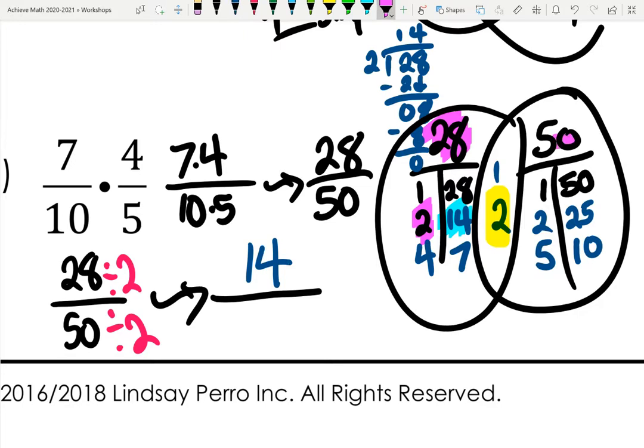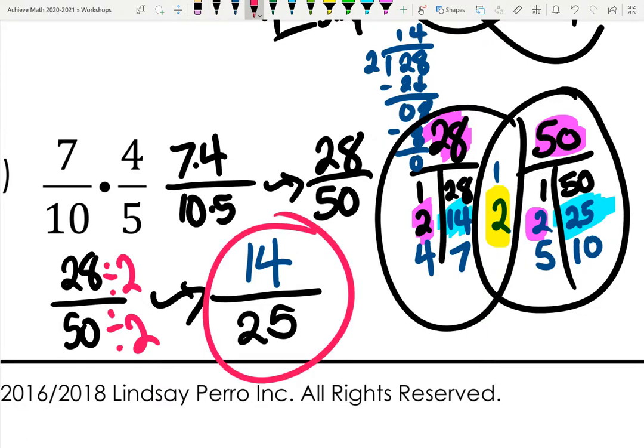Again, 50 divided by 2 is going to be 25. If you identify the GCF, this is the simplified product.